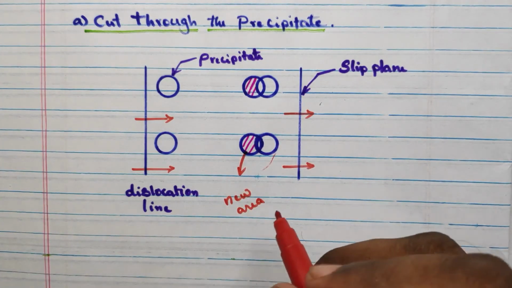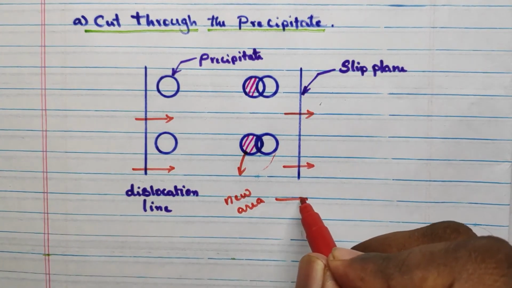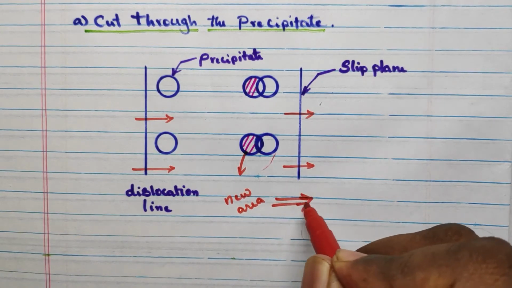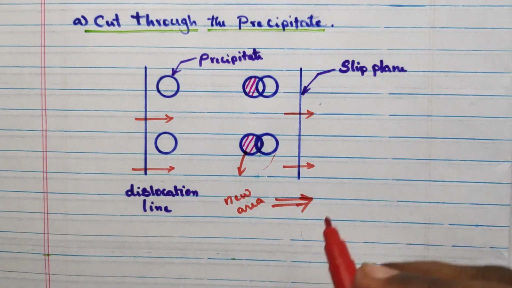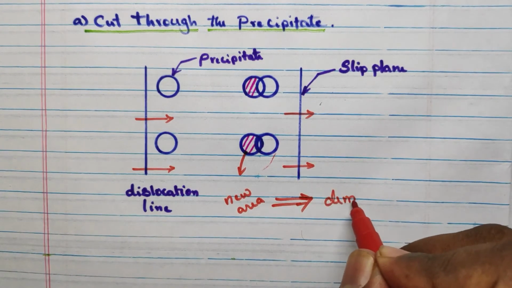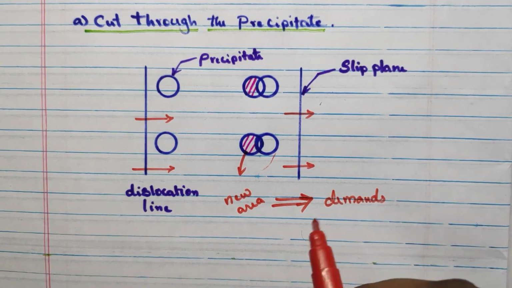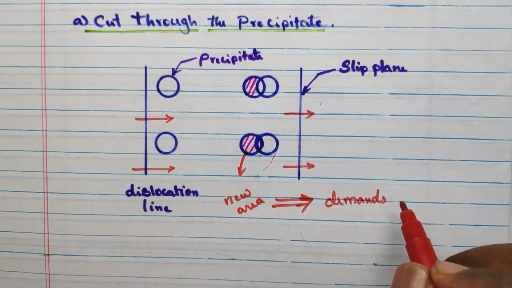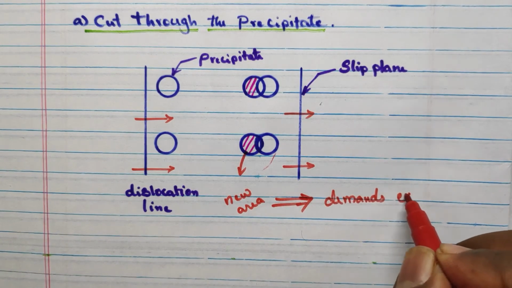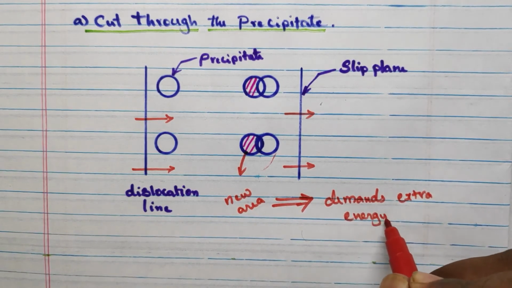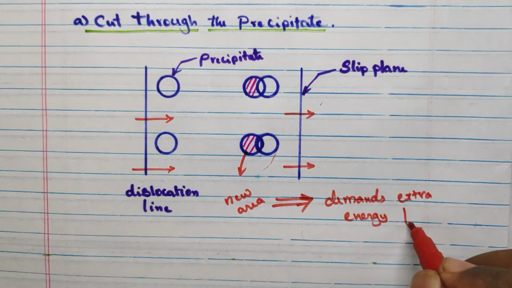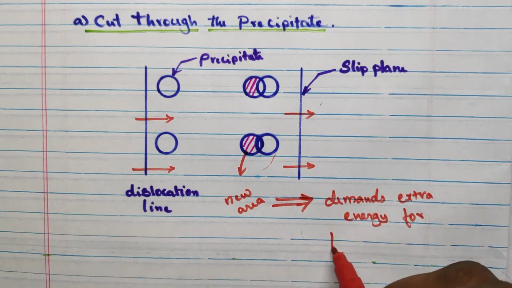Because of this exposed new area, the precipitate demands extra energy for further dislocation.